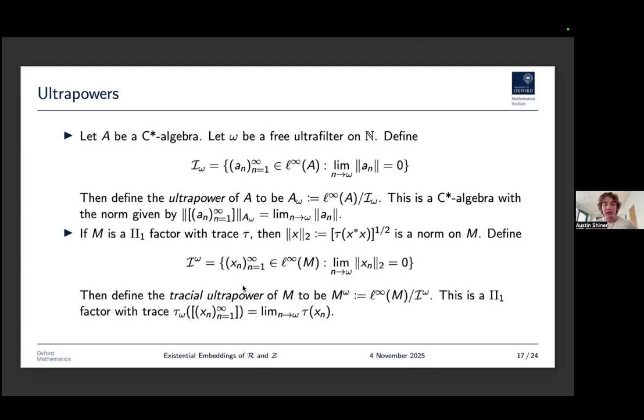Then define the tracial ultra power of M to be L infinity of M mod this ideal. And this will be a II_1 factor. For instance, the trace of a sequence will be the limit as n goes to omega of the trace of that sequence.